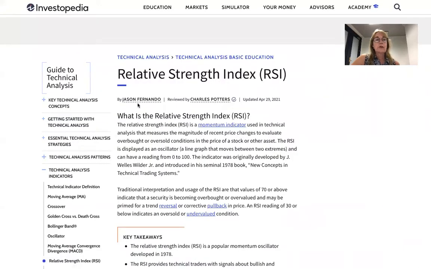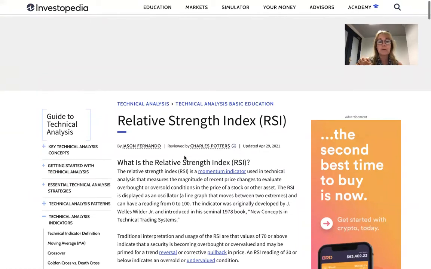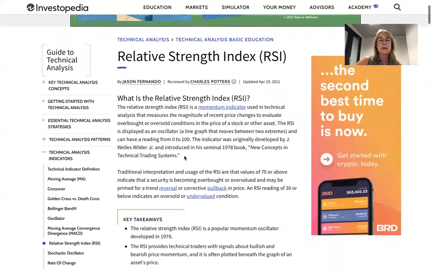Okay, so here's Investopedia. It's called the relative strength indicator, right? So basically, it measures the magnitude of recent price changes. So the RSI tells us whether a stock is overbought or oversold. Okay, so this is basically what you need to know.